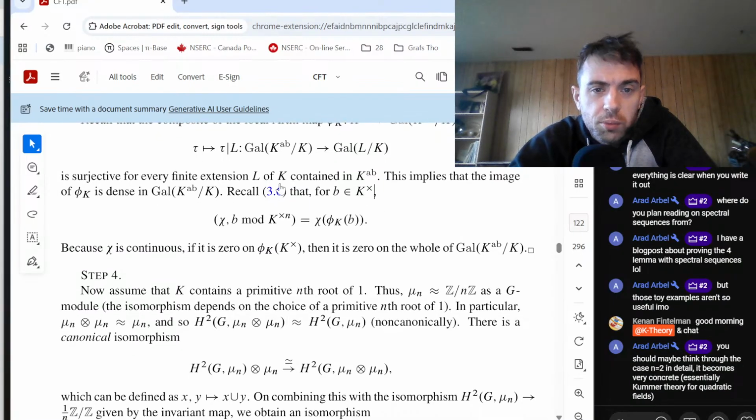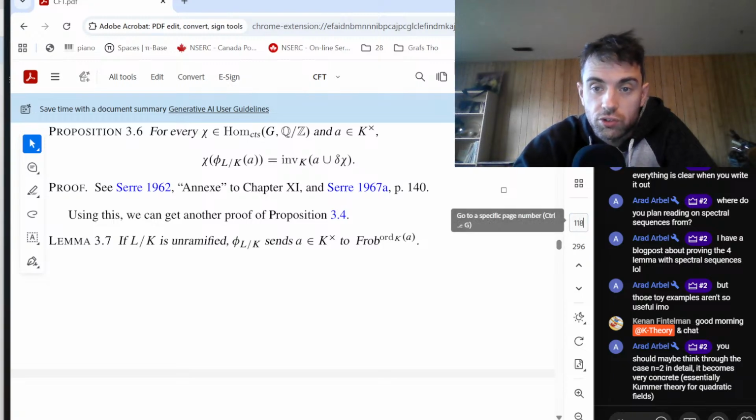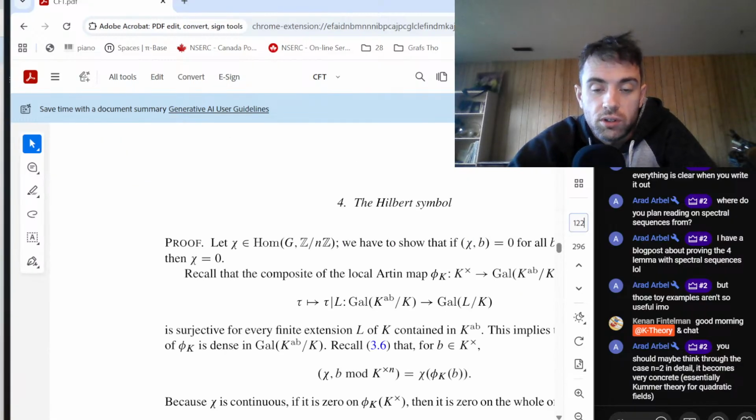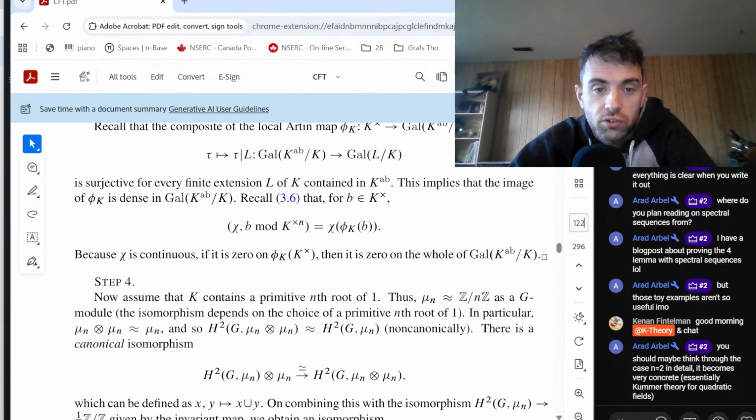Okay, and recall 3.6. Where was 3.6? Right. That was for every chi in here. This holds. Okay. So that was just literally what we were about to quote. It's basically what it says.